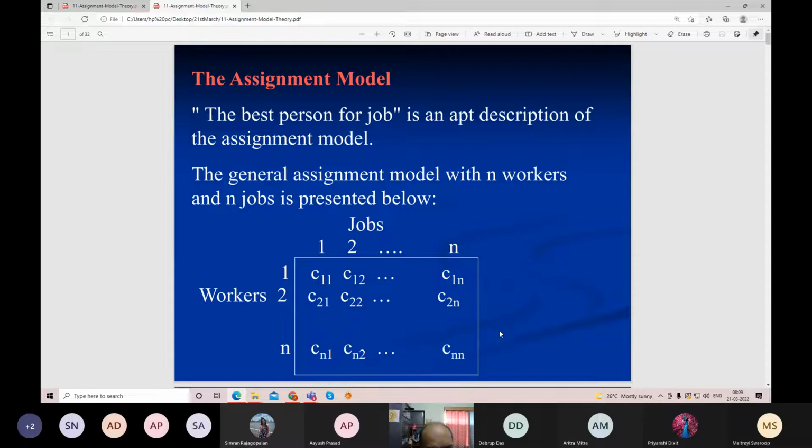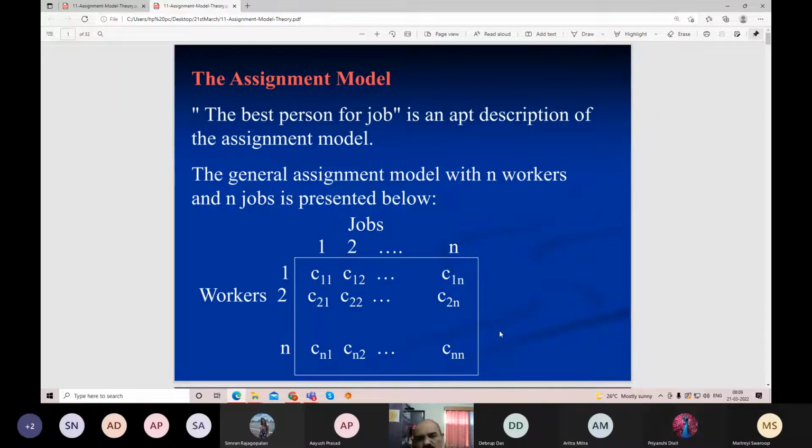If n equals 3, 3 into 2 into 1, so 6 ways. If n equals 4, 24 ways, and for n equals 5, 120 ways. So you see, this is not the way to find the optimal assignment.